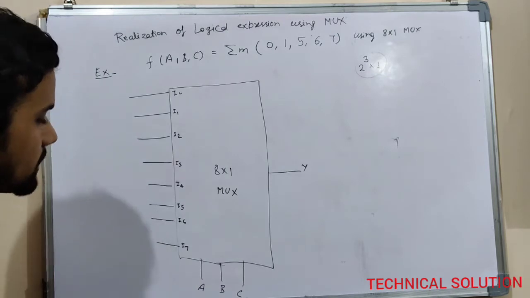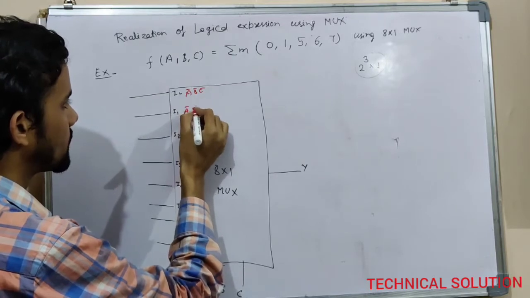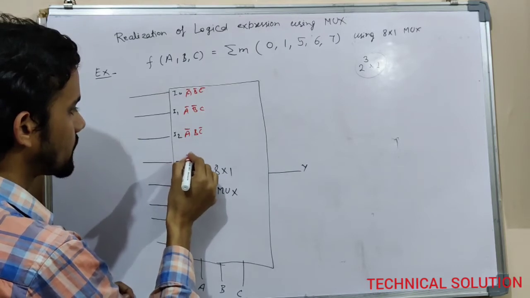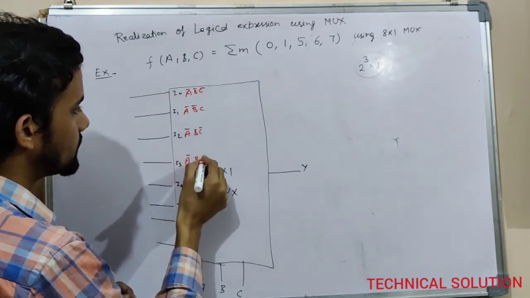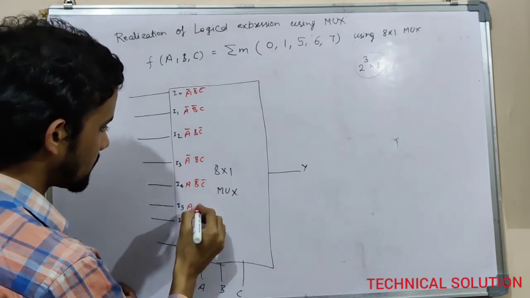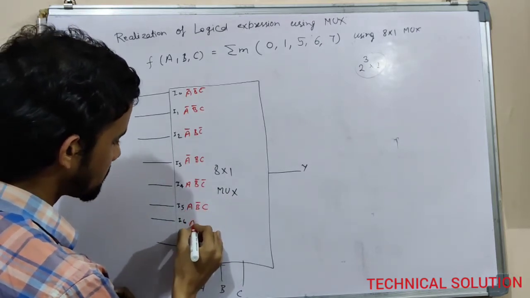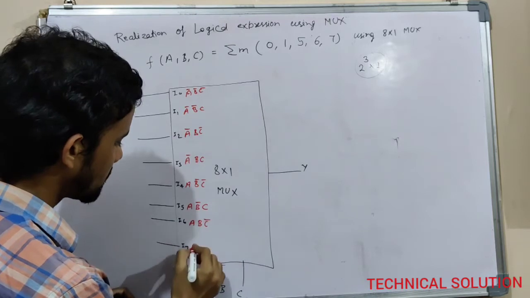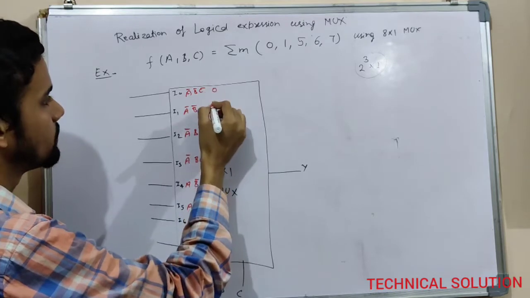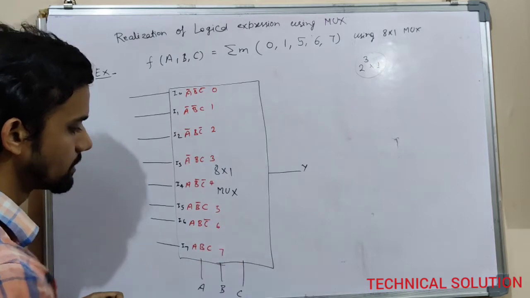In terms of selection line, we can also write it as A bar B bar C bar, A bar B bar C, A bar B C bar, A bar B C, A B bar C bar, A B bar C, A B C bar, or A B C. In terms of decimal we can also write 0 1 2 3 4 5 6 7.